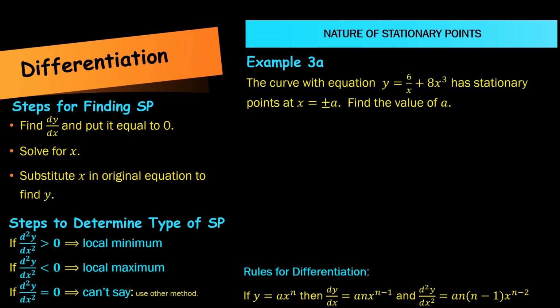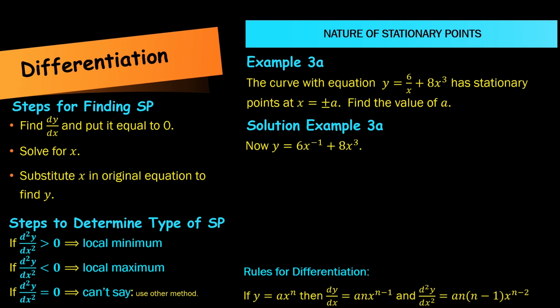example 3a. The curve with equation y equals 6 over x plus 8x³ has stationary points at x equals plus or minus a. Find the value of a. So let's solve this. We know that y equals 6x⁻¹ plus 8x³.